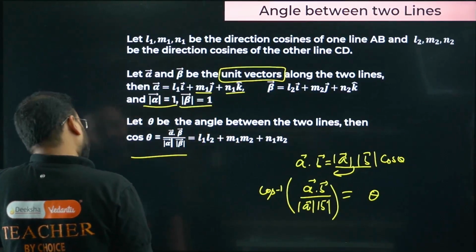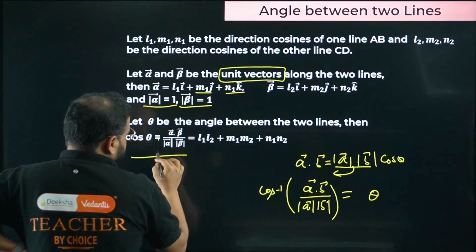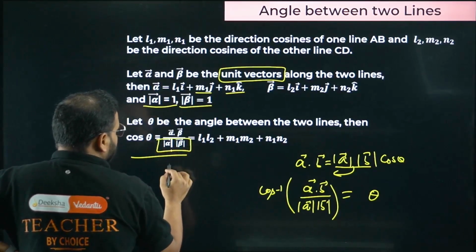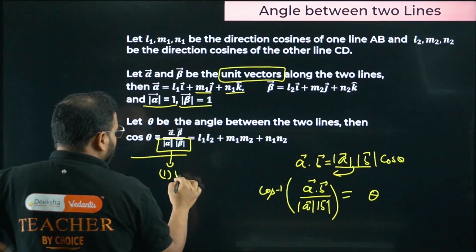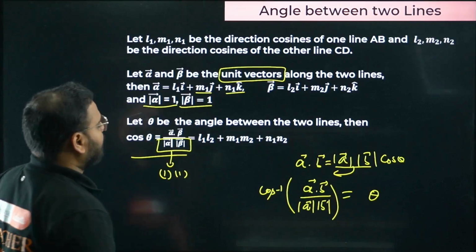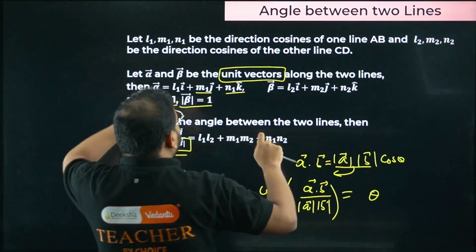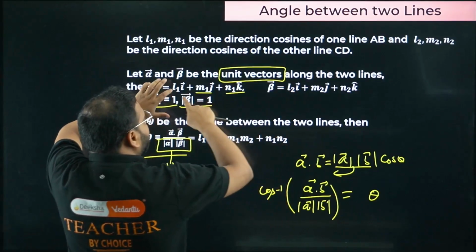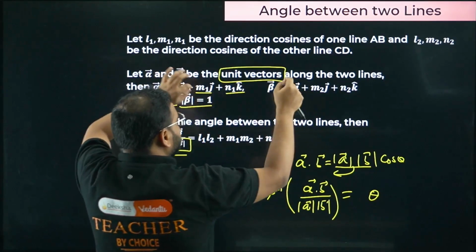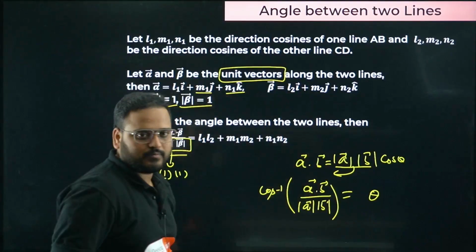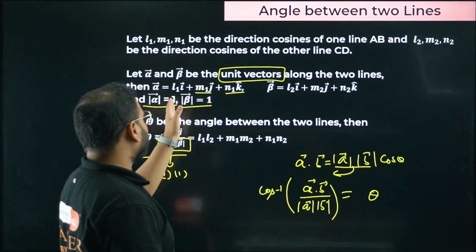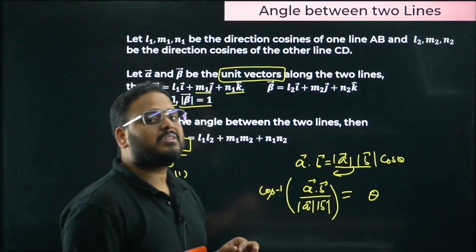So if you check this denominator, what will happen over here? It becomes equal to 1 into 1, so we have only A dot B left. If you take the dot of this, L1 into L2 remains. Why not the others? Because i dot j will be 0, and i dot k will also be 0. That is the feature of the dot product: you cannot take i dot with j or k.